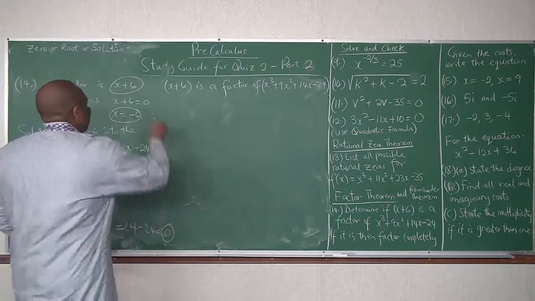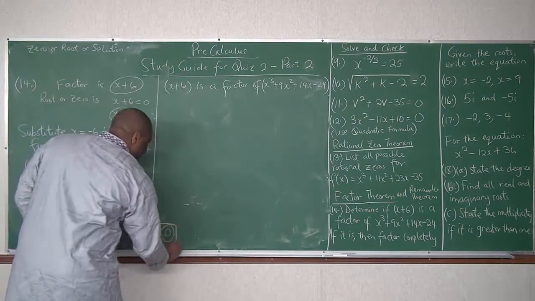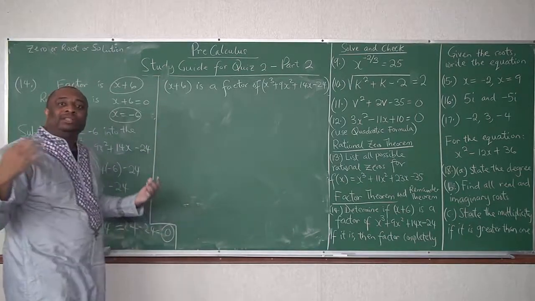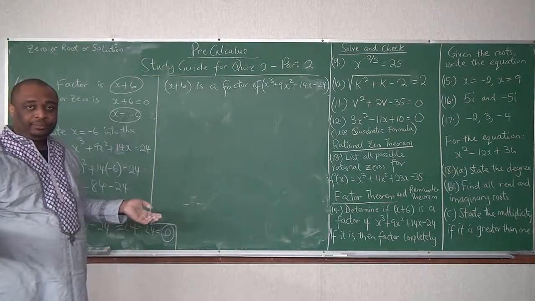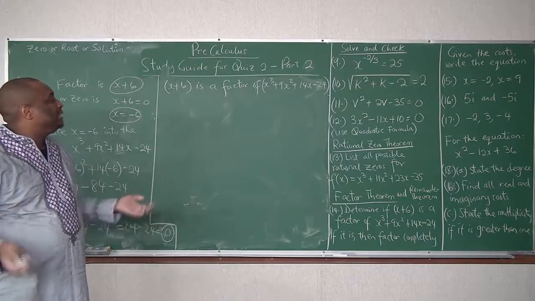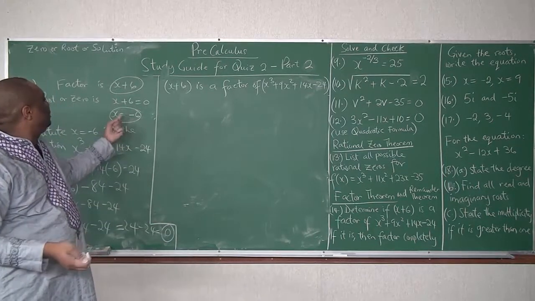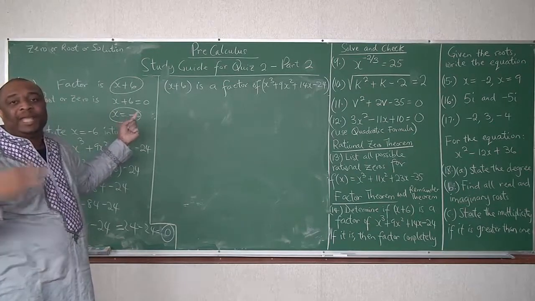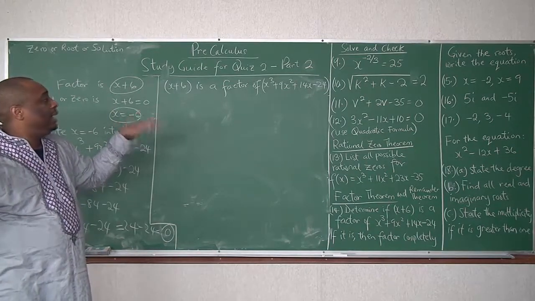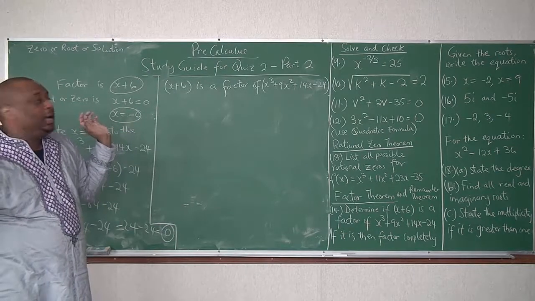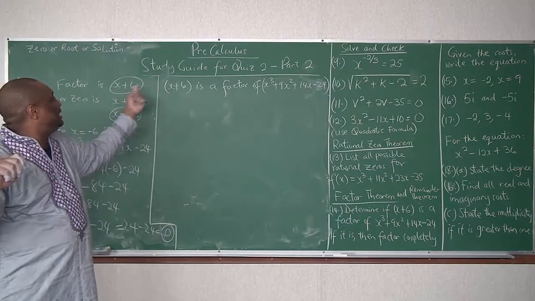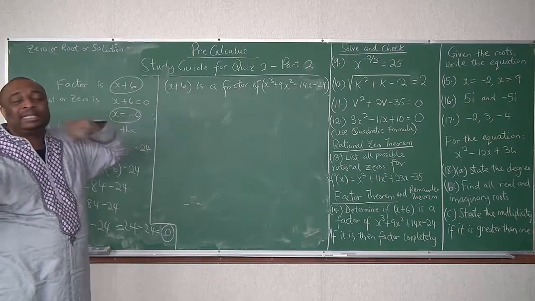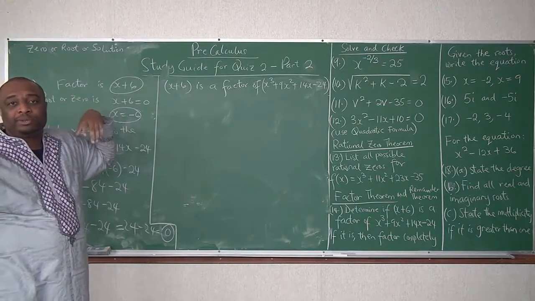So if we use synthetic division, what do we have? When we use synthetic division, you can use it two ways. You can use it by using the 0, but if you're using the 0, then you will have to add. But if you're using the 6 in the factor, the constant term of the factor, then you have to subtract.